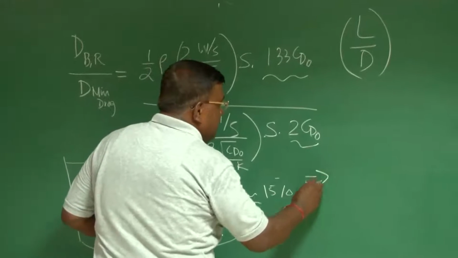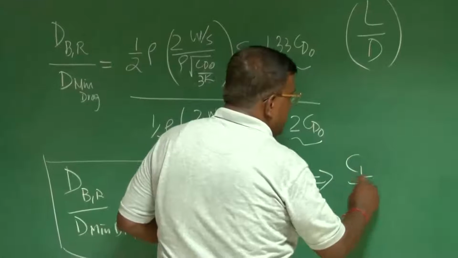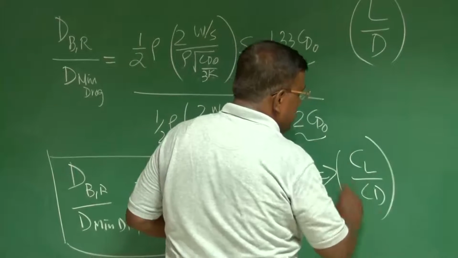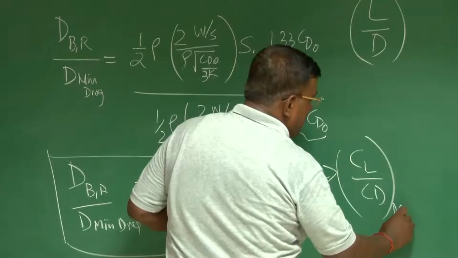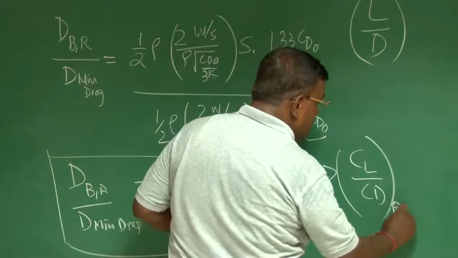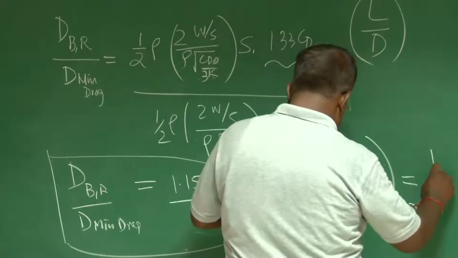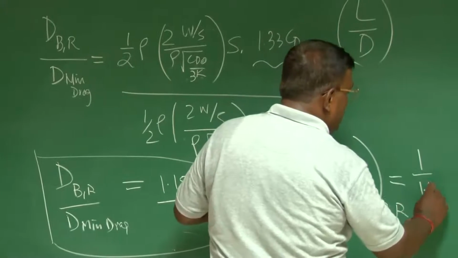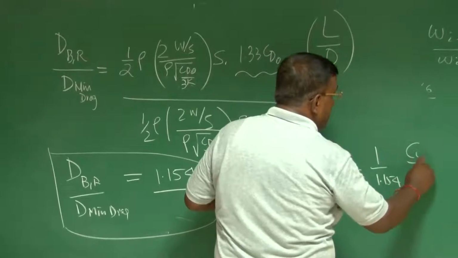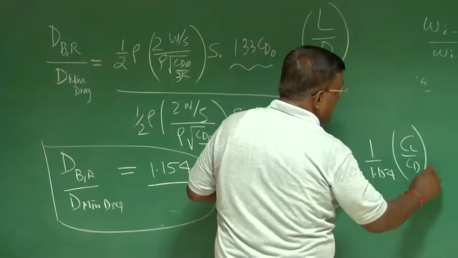Which immediately tells you for a given CL, CL by CD for best range will be 1 by 1.154 CL by CD at minimum drag.